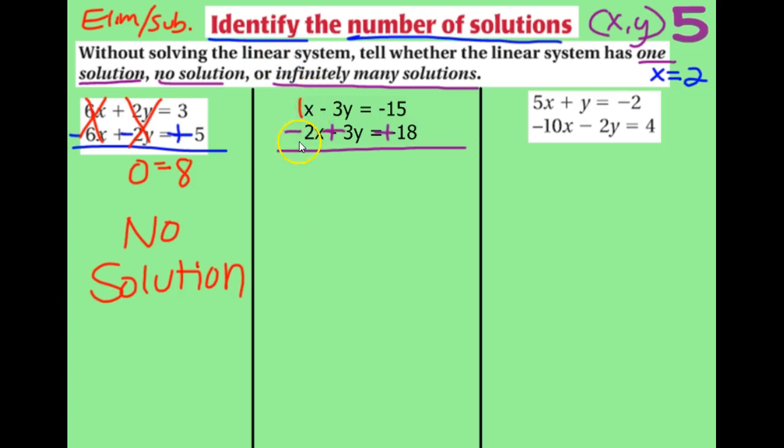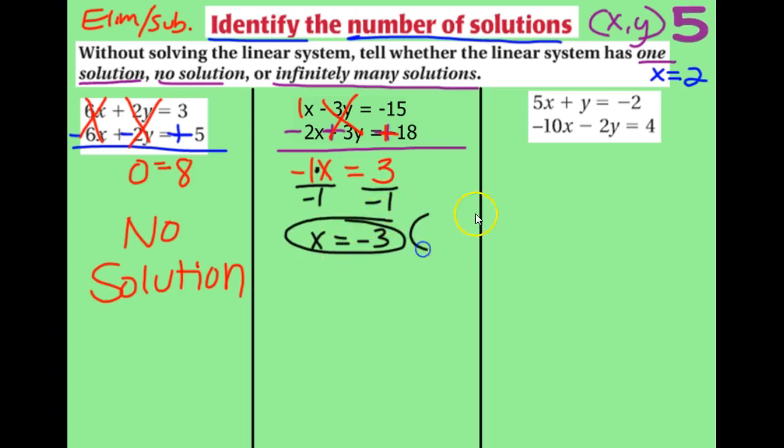So 1 minus 2 is a negative 1x. 3 minus 3 eliminates. And then negative 15 plus 18, there's more positives. 18 minus 15 is 3. So then the opposite of multiplying is divide. Divide by negative 1. And we know x is a negative 3.